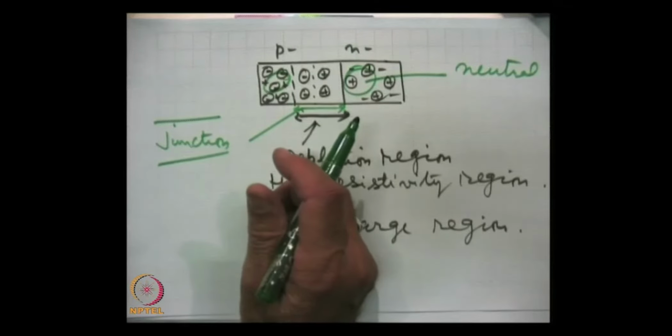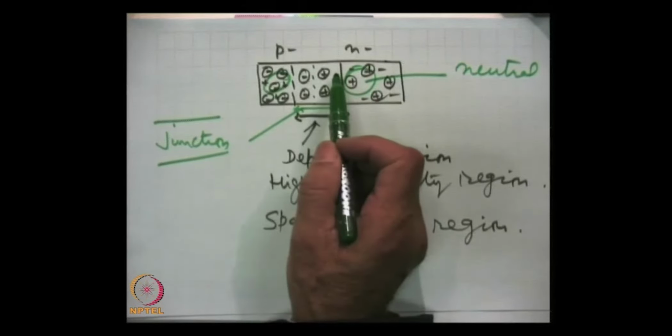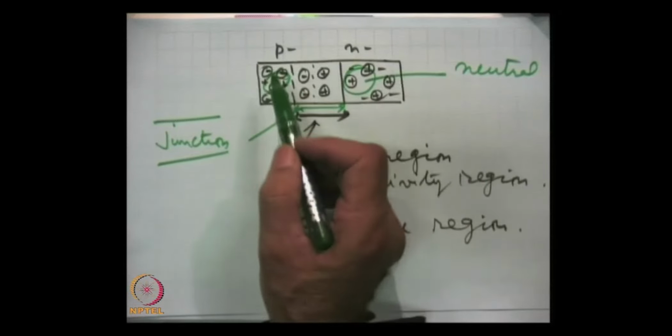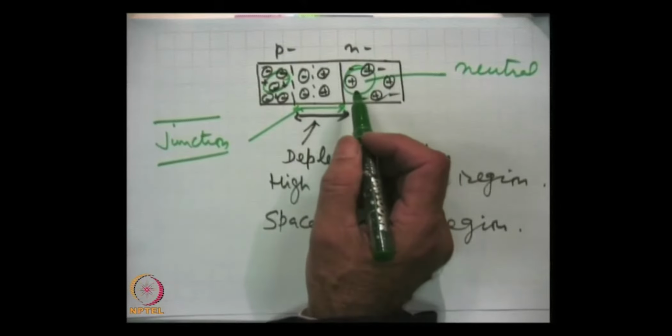And a very pertinent question: how long will this diffusion of electrons from right to left and holes from left to right continue?